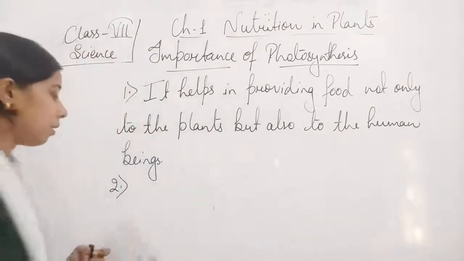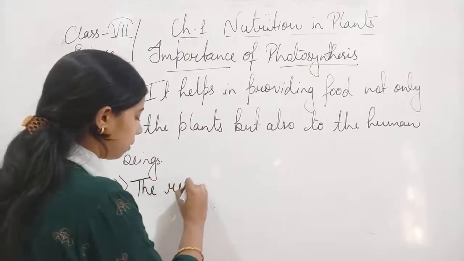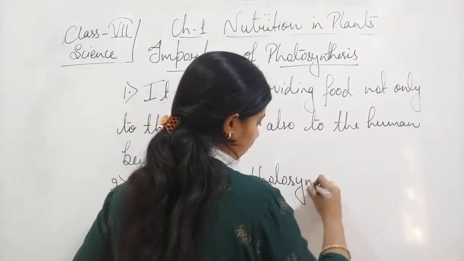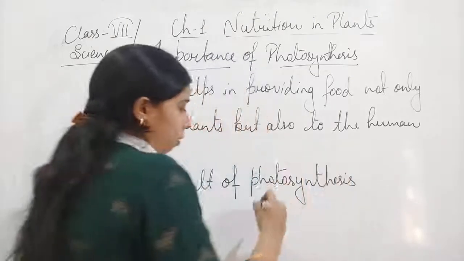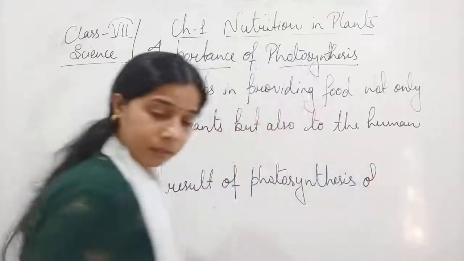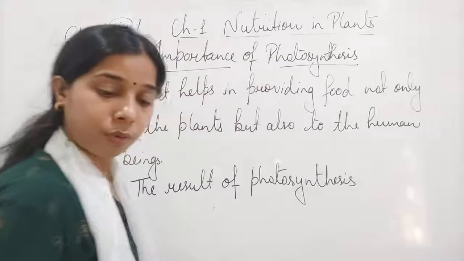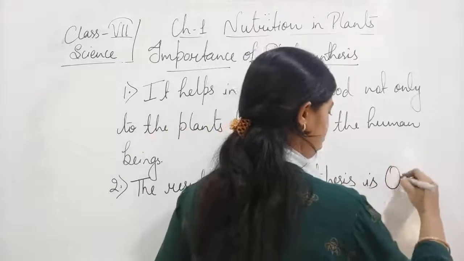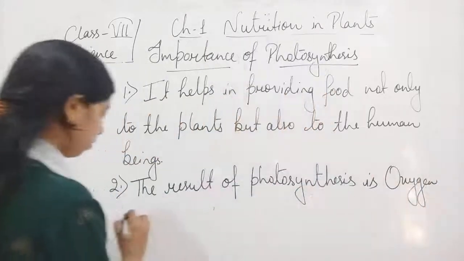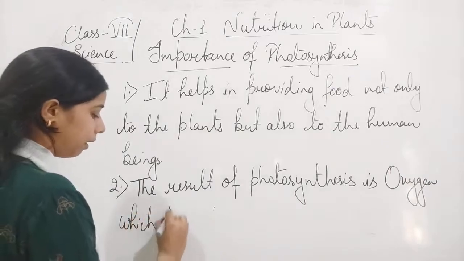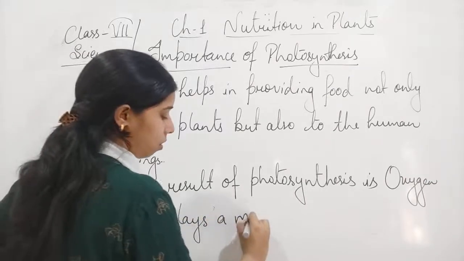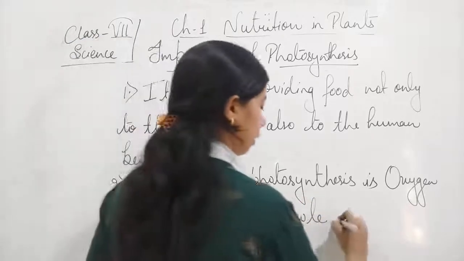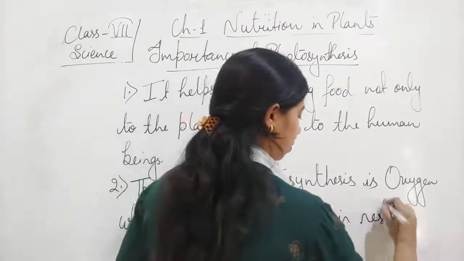So we can say that the result of photosynthesis is oxygen, which plays a major role in respiration.